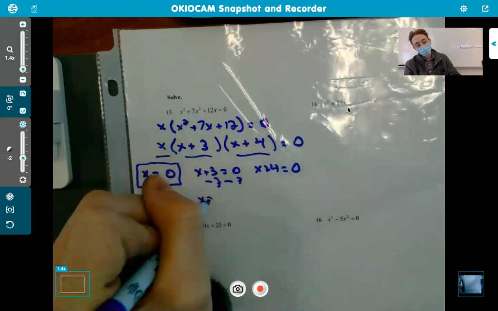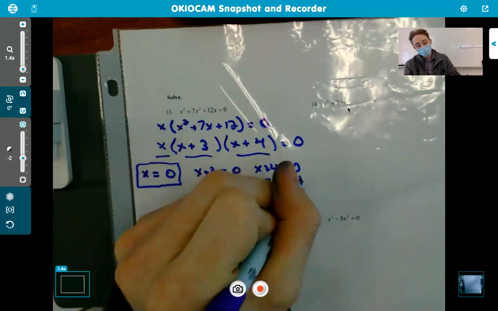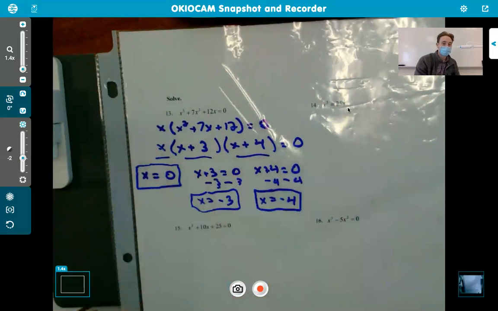So I subtract 3 from both sides to get x equals -3, and for the other, I subtract 4 from both sides and I get x equals -4. Okay. Any questions about example 13?